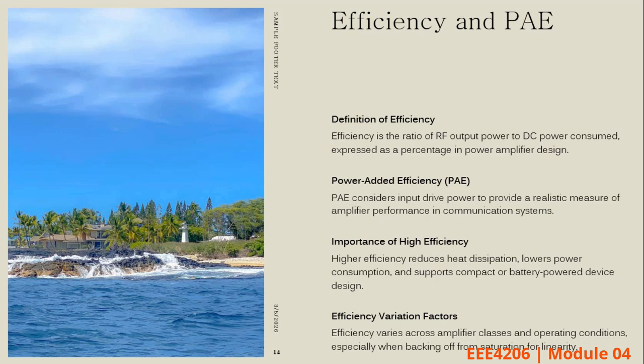For example, if an amplifier consumes 100 watts of DC power, but only delivers 50 watts of RF power, then the efficiency is 50%. Because it was 100, now it is at 50, when you do the ratio, you get half, and this half is 50%.